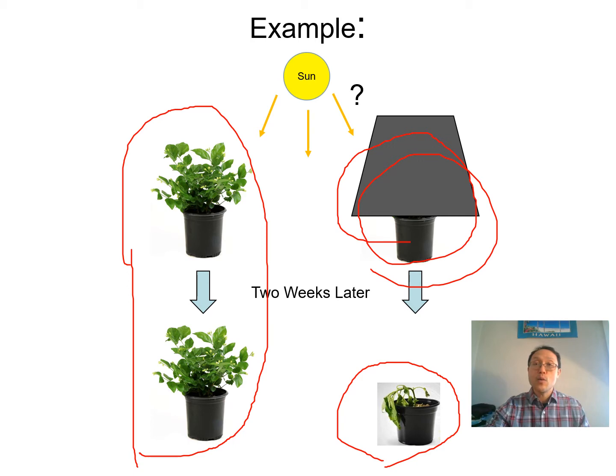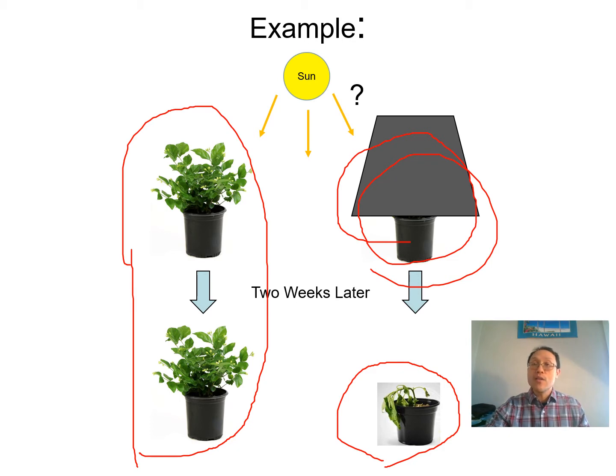But when you take a closer look, if this plant is covered up outside, the amount of sun received by the black cover can cause the temperature to go up, and that could be what is causing this plant to wither away, because it's too hot.